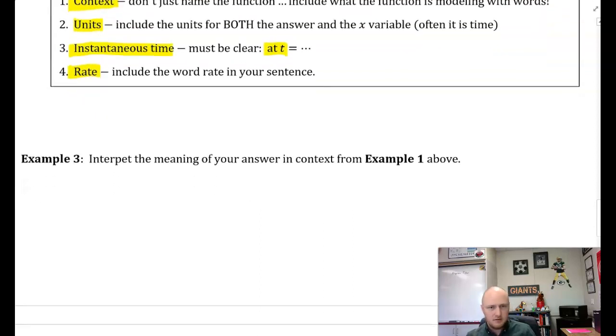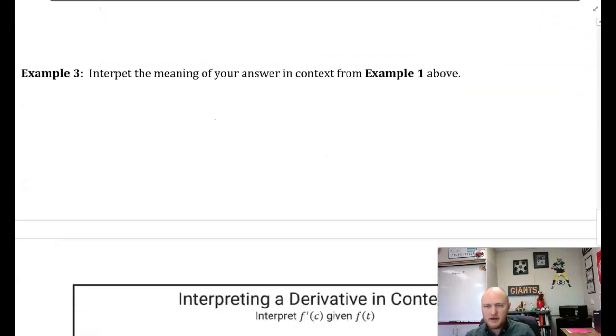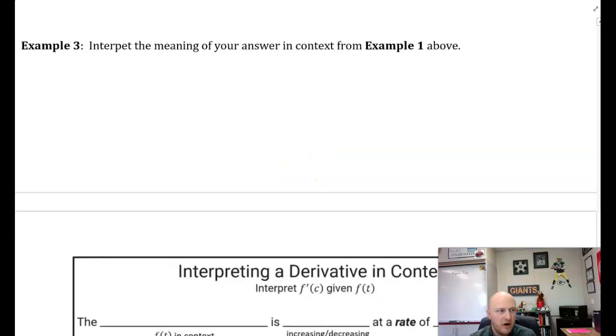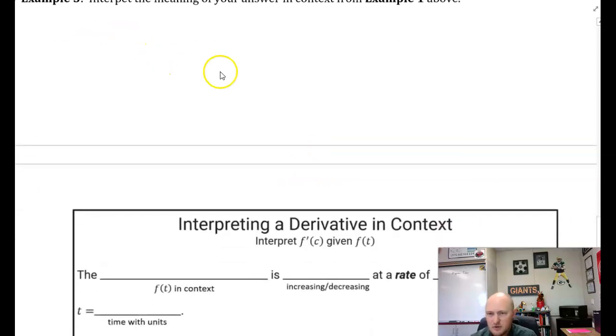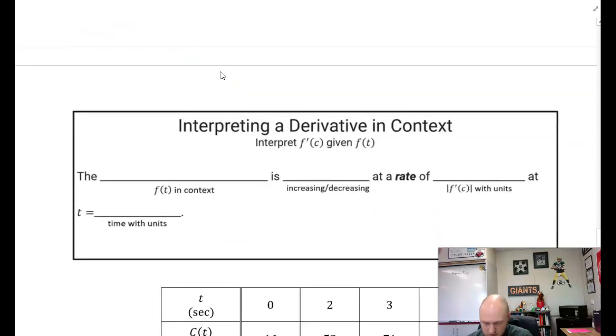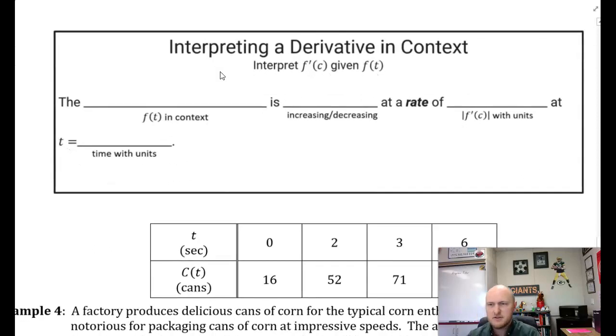All right. So right here it says interpret the meaning of your answer in context from example 1 above. And I really wish there wasn't the cut here. I want you to go ahead and do that here. So you may have to go on to the next page if you're looking at the notes. But here is a sentence frame for interpreting a derivative in context.